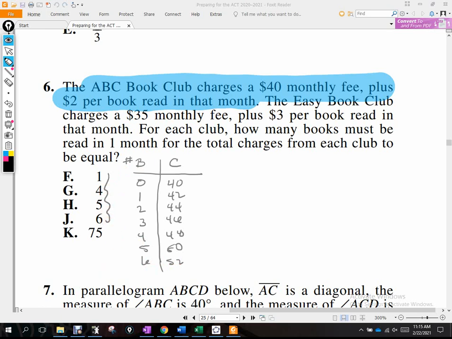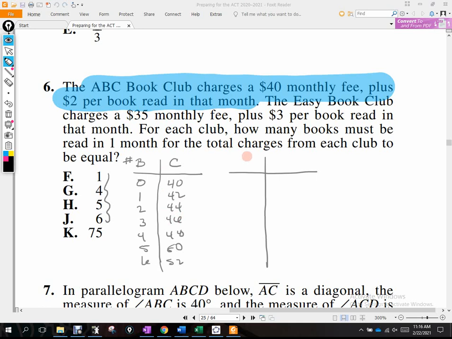Now the thing there says 75. I don't want to have to make this table out to 75, right? But because it's the only one that is really bizarre, we should be able to answer if it's 75, if my table here in a moment for the other book club doesn't produce what I need here.